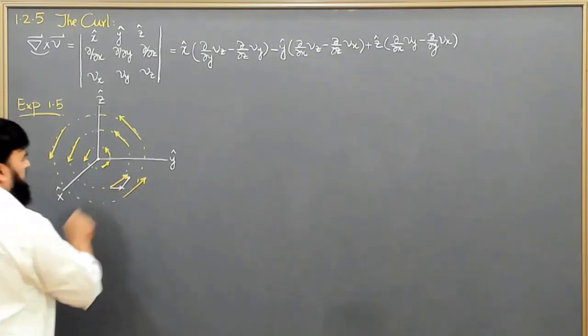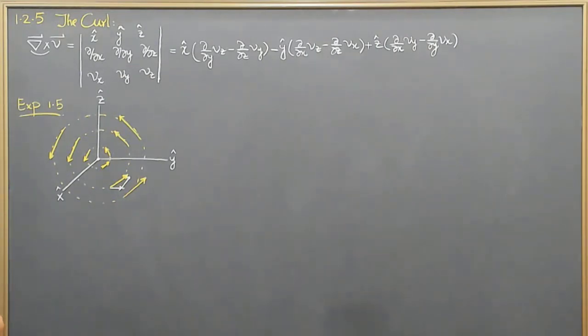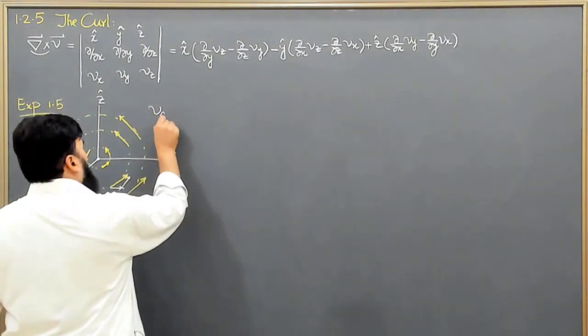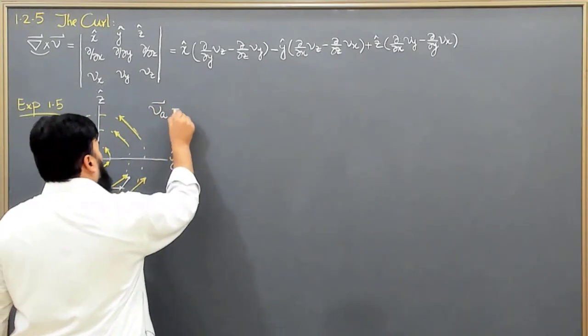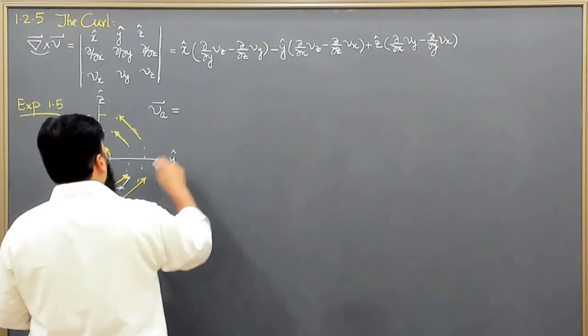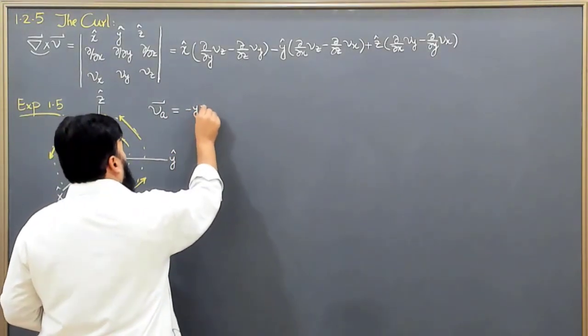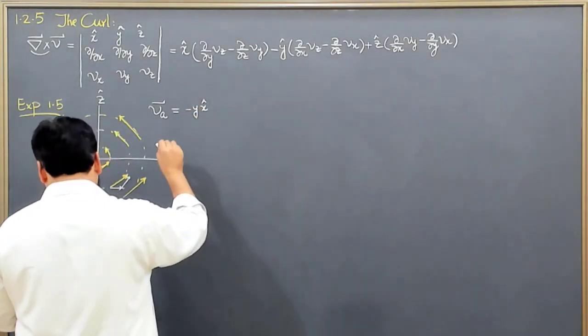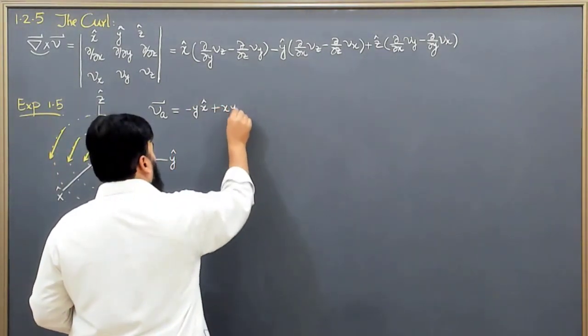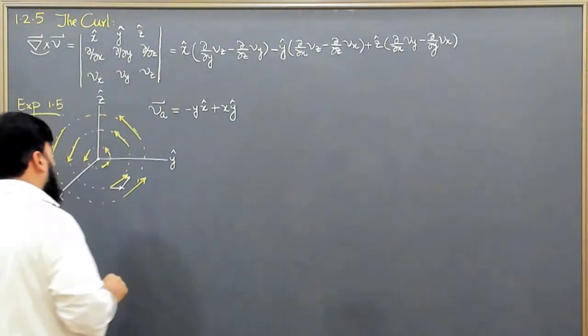These are the components of it, and I can write its vector form: this is a vector VA, a two-dimensional vector such that it is equal to minus y in the x direction and plus x in the y direction.